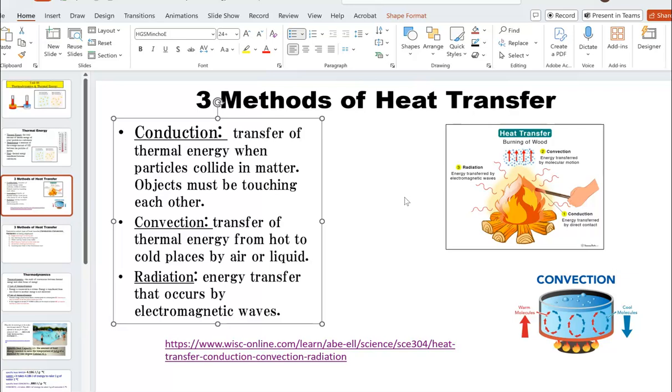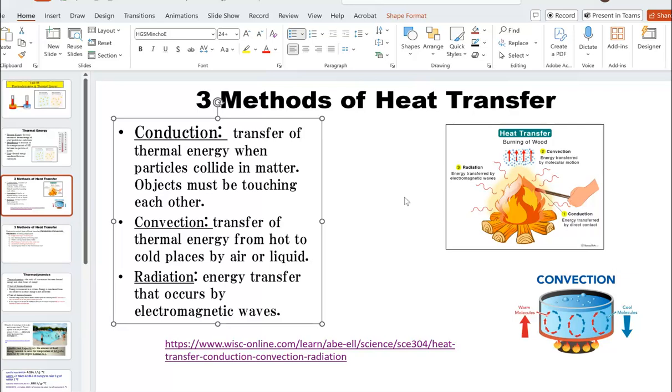Convection is the transfer of thermal energy from hot to cold places by gases or by liquids.